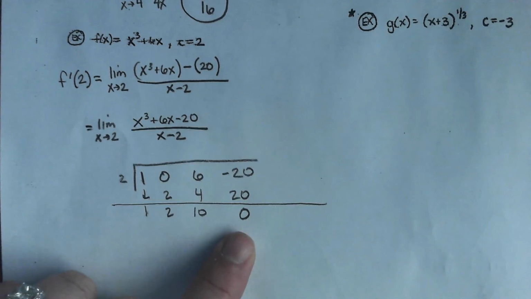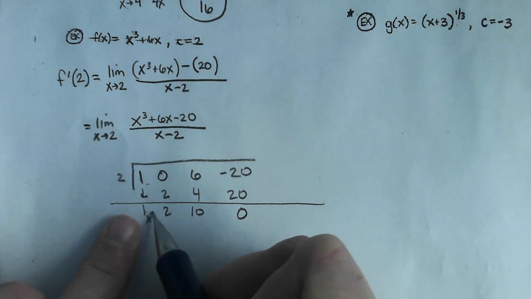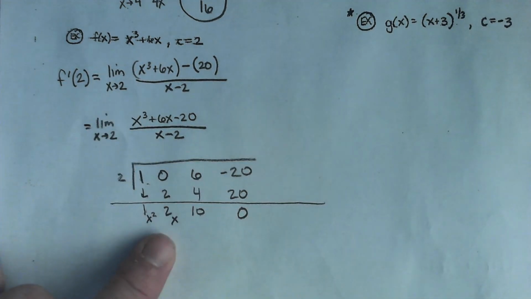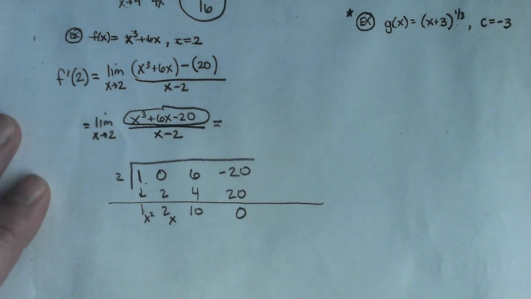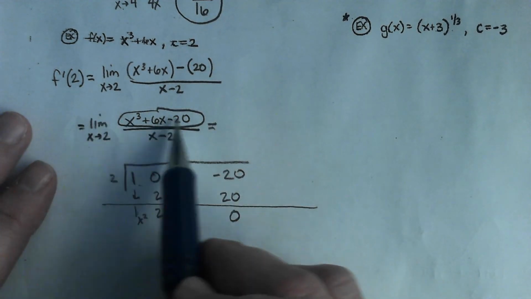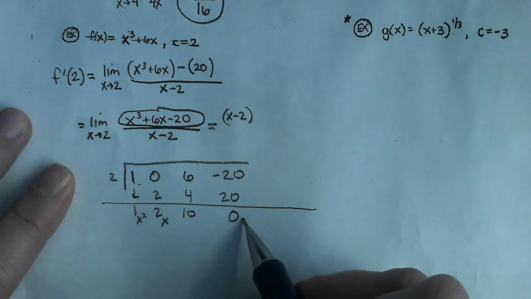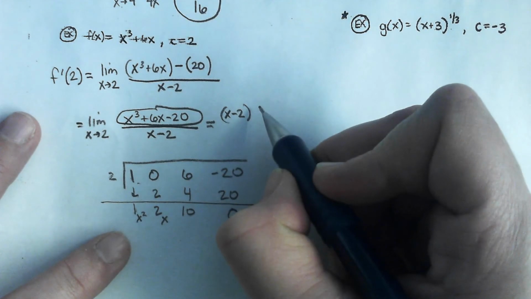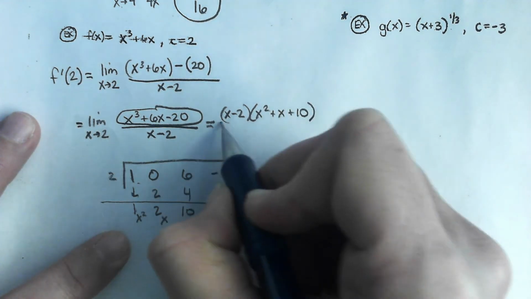My remainder was 0, so it did go in evenly. It started out as an x cubed, and this just dropped down to a 1x squared, a 1x, and a 10. So what I essentially did by doing long division or synthetic division is I did factor that. x minus 2 was a factor. I had a remainder of 0. And it gets multiplied by x squared plus x plus 10.